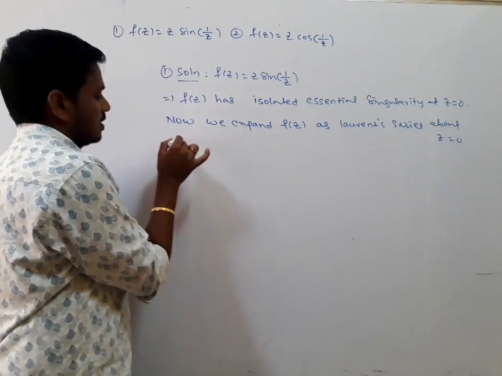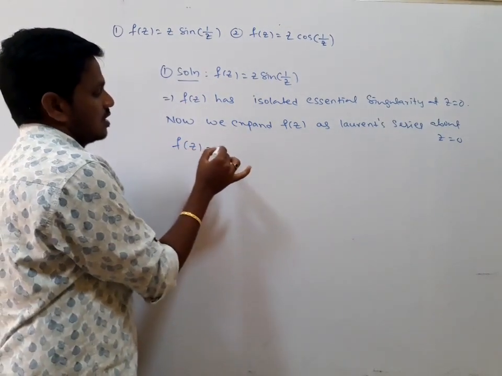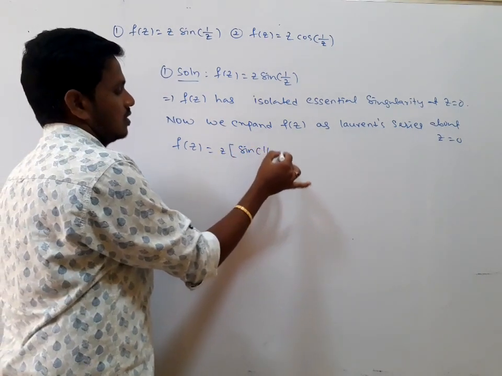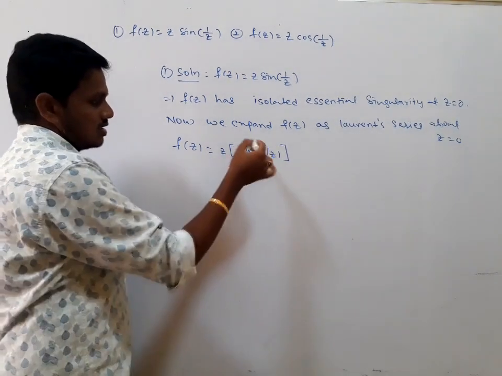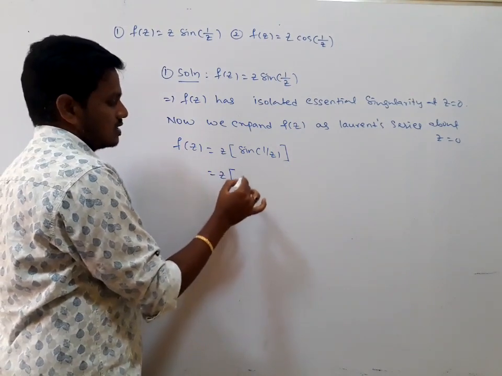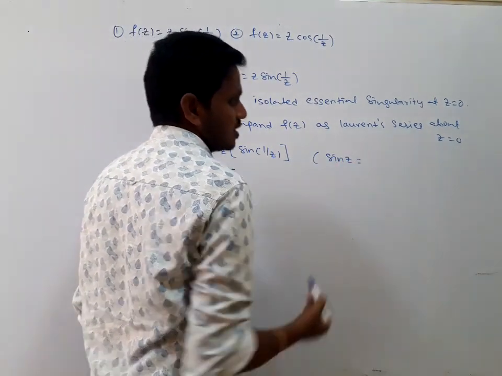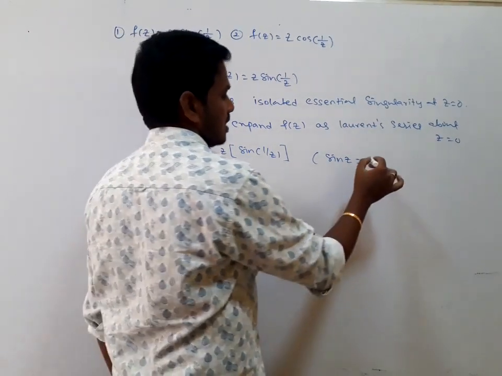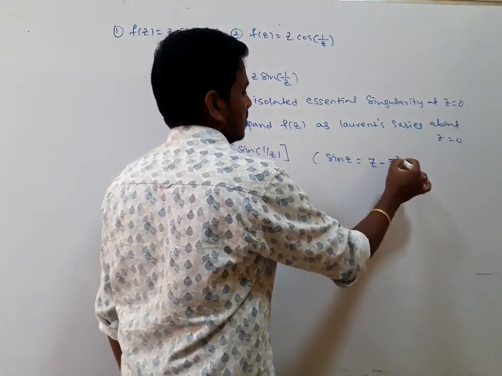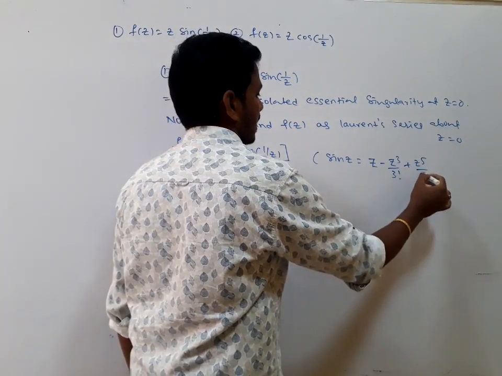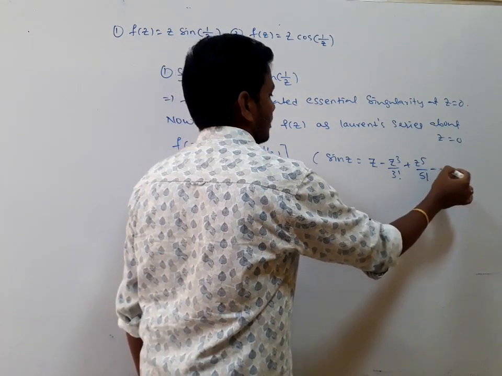Since f(z) is equal to z into sine 1 by z, we know the Maclaurin series expansion of sine z about z equals 0: z minus z cube divided by 3 factorial, plus z to the power of 5 divided by 5 factorial, and so on.